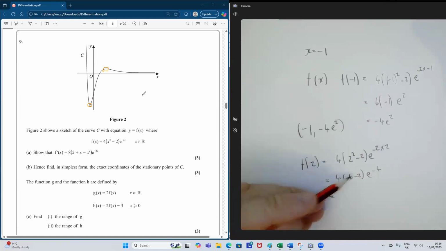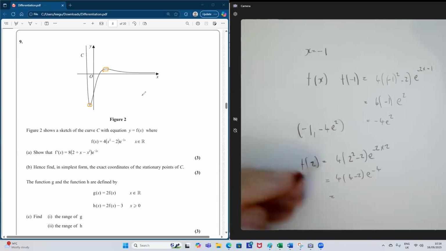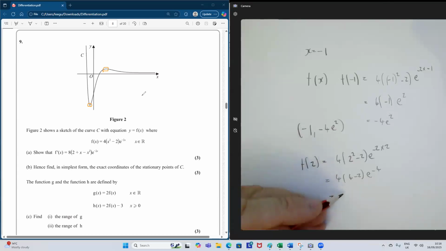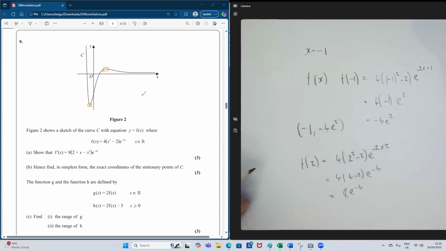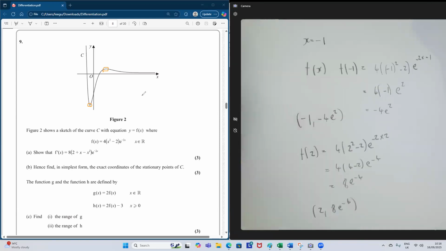And 4 minus 2 is 2, so 2 times 4 is 8e to the minus 4. So our second coordinate is going to be (2, 8e to the minus 4). So we've now found both of our coordinates of the turning points of the graph.